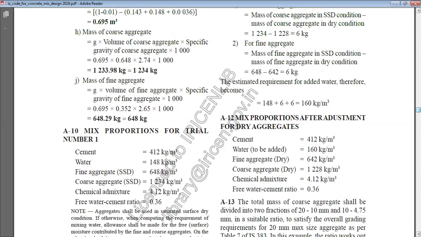Hence we need to add 148, the base water content, plus 6 kg absorbed by the fine aggregate, that is 1% by weight of the fine aggregate.